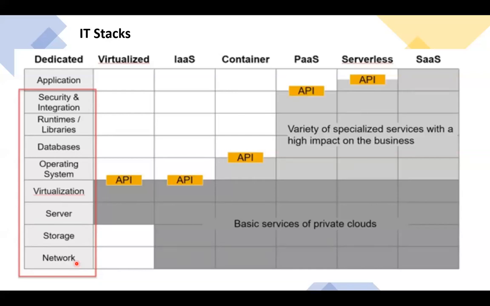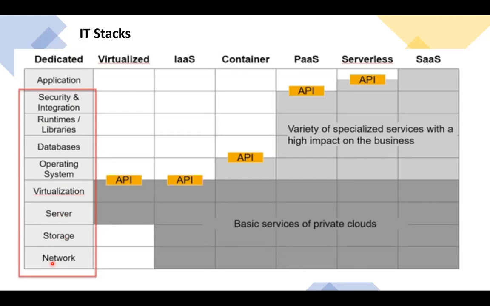Okay. So now we are moving to virtualized. So these are virtualized IaaS, container, PaaS, serverless, and SaaS. These are all individual IT stacks where each IT stack will contain a limited number of IT stack components.